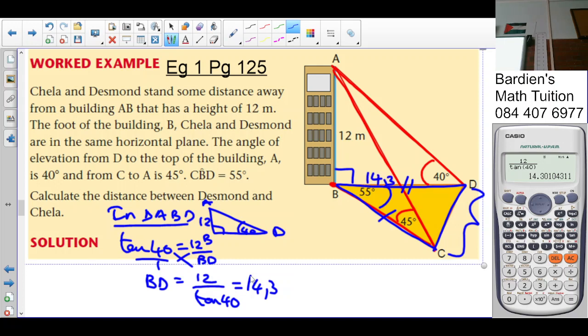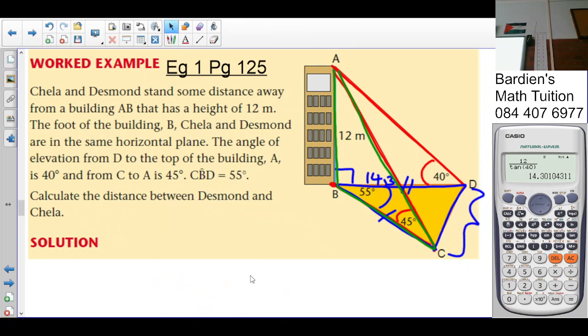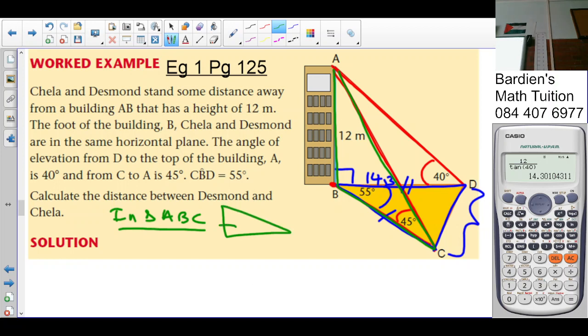Okay. Then I do the same with triangle ABC. I'm going to take this off because I need the space. So in triangle ABC, again, you don't have to draw this, but this is what you should be seeing. That is 90 now. Why? Because the horizontal is perpendicular to the vertical. I'm calculating BC, that is 12, and this angle now is 45.